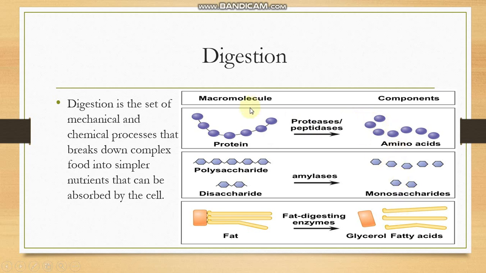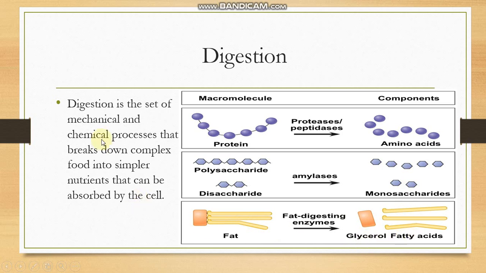So وظيفة digestive system إنه بياخد complex molecules like proteins, like polysaccharides, like disaccharides, like fats, and break down or simplify them into simple molecules, okay? مثلا the proteins is broken down into amino acids, polysaccharides and disaccharides into monosaccharides. The fat is broken down into glycerol and 3 fatty acids, okay?